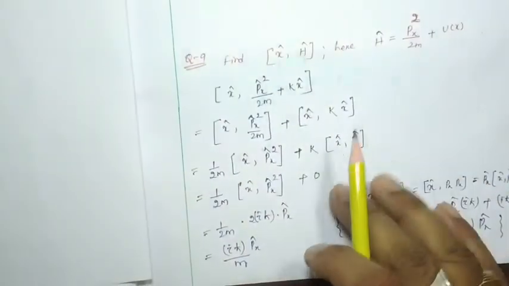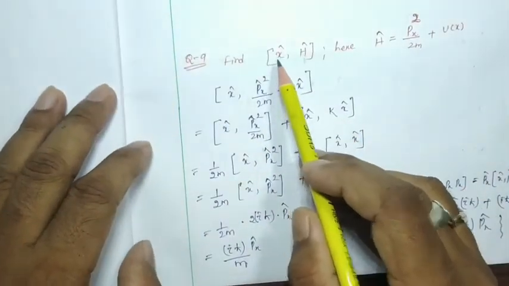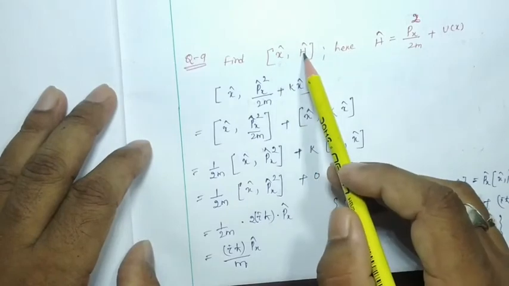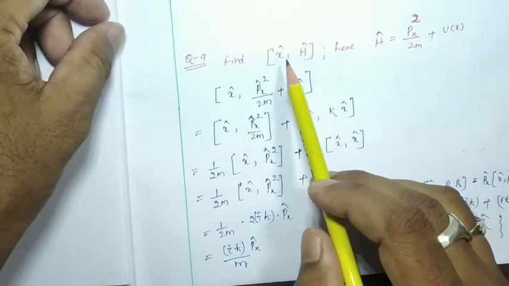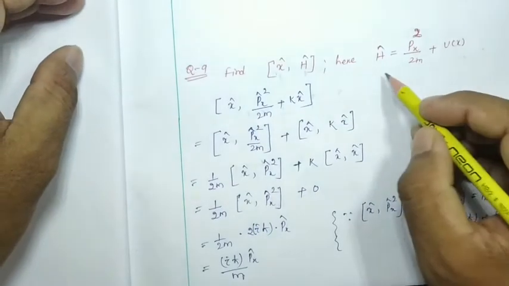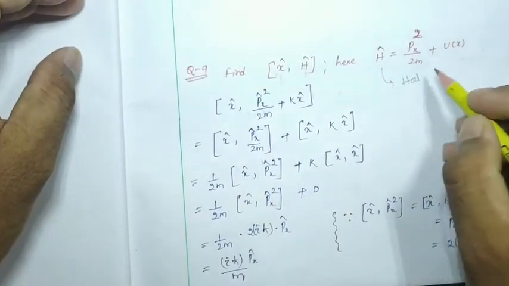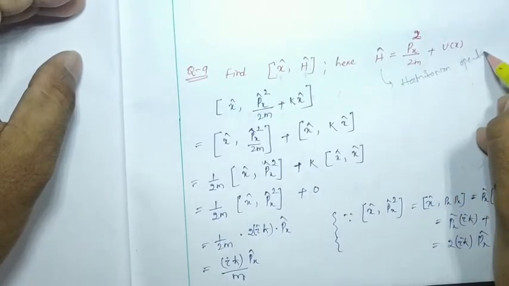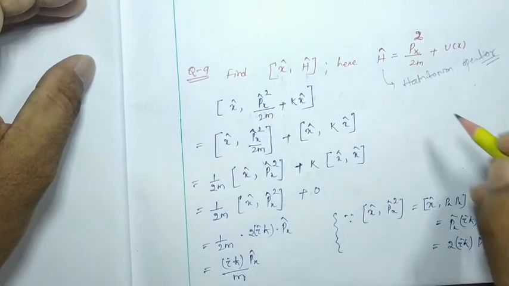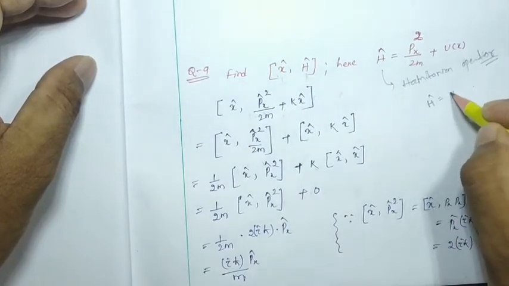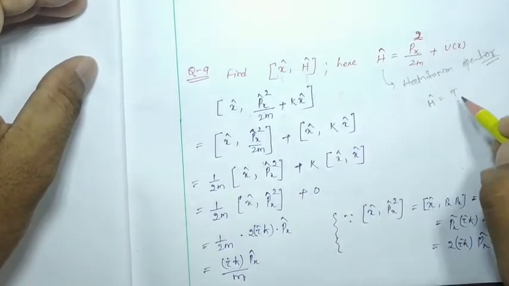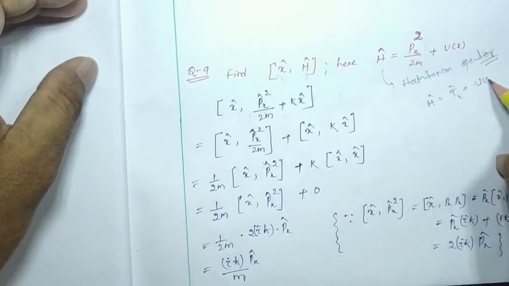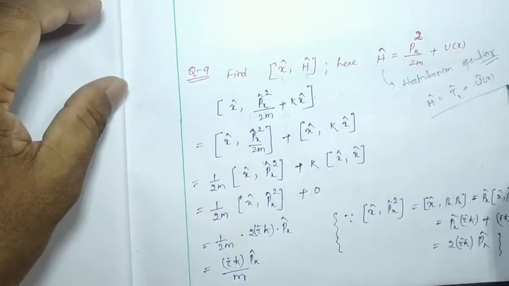Now we have to consider the next problem: find the commutation of x̂ and ĥ. Here ĥ is nothing but your Hamiltonian operator. The Hamiltonian operator ĥ is nothing but T̂ plus Û, right?